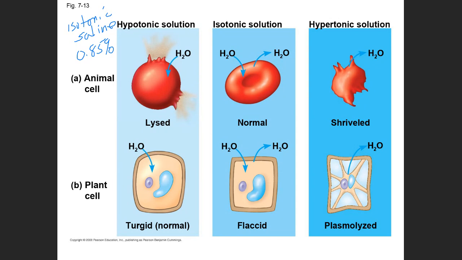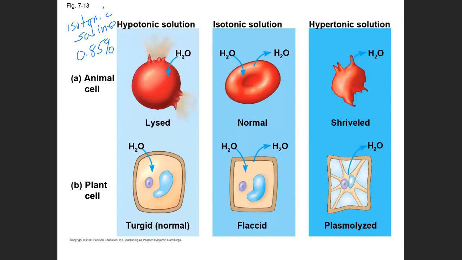Any more than that is going to cause your cells to shrivel. If it's significantly less than 0.85%, your cells will swell and burst, right? They'll explode. So IVs have to match the concentration of solutes in your bloodstream. Otherwise, the IV will kill you.